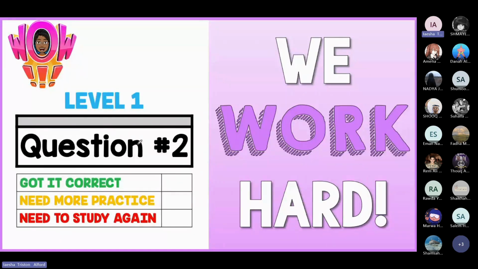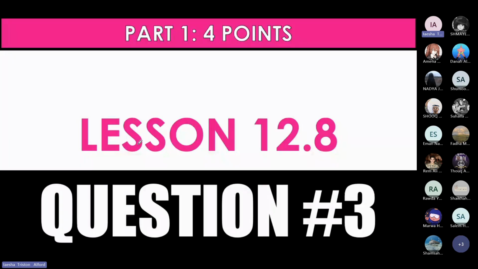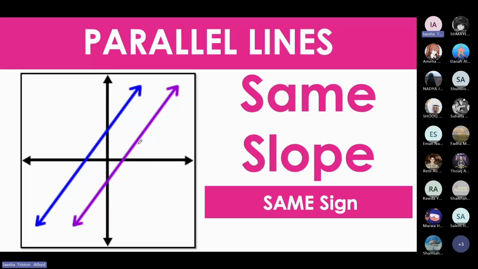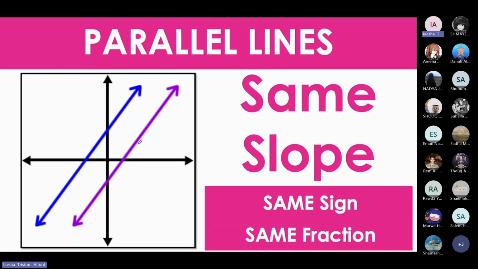Ready for the next one? Question 3 is coming from 12.8. This one is about parallel lines and perpendicular lines. How do you know if they have the same slope? Parallel should have the same sign and the same fraction. So on this question, you have to see the slope.